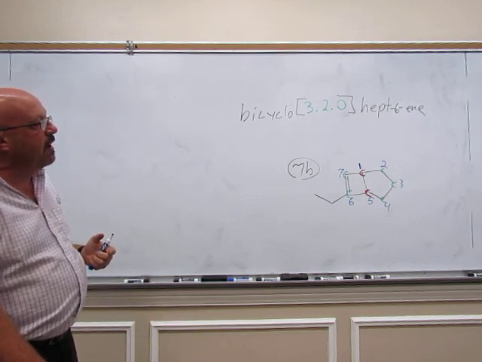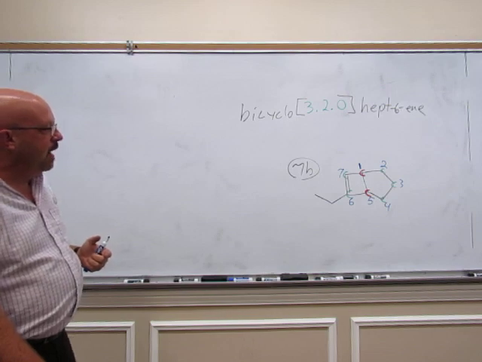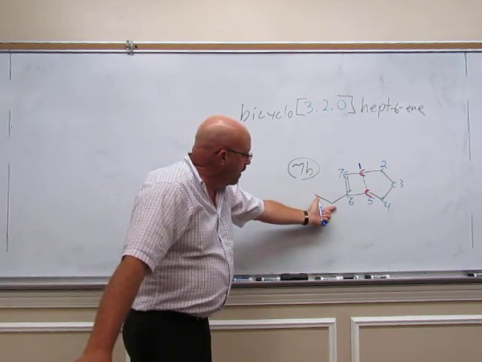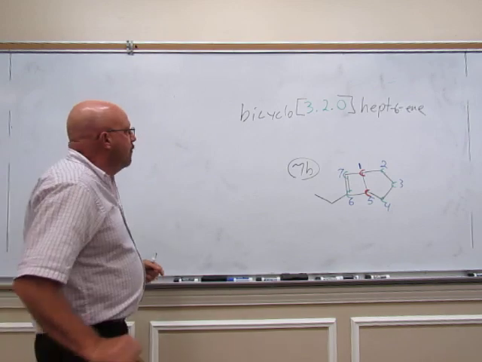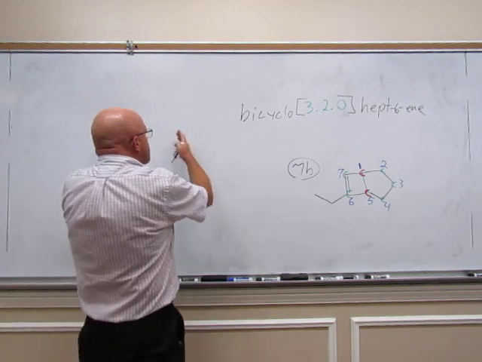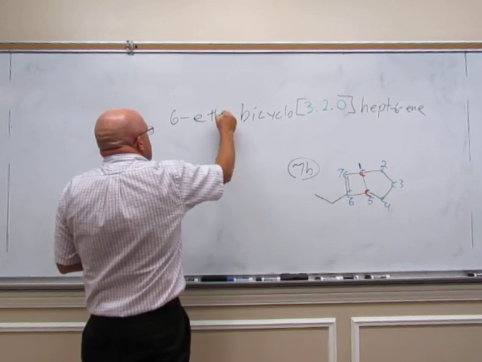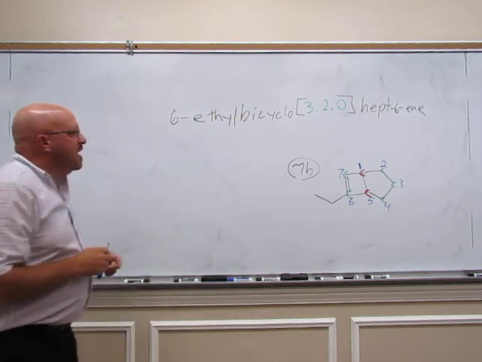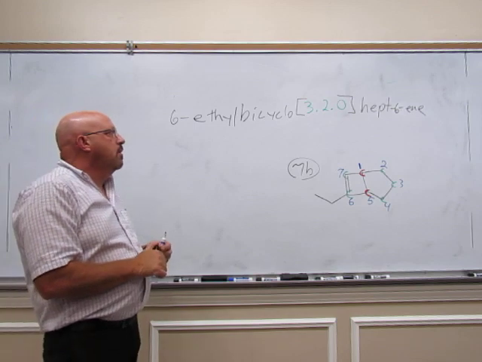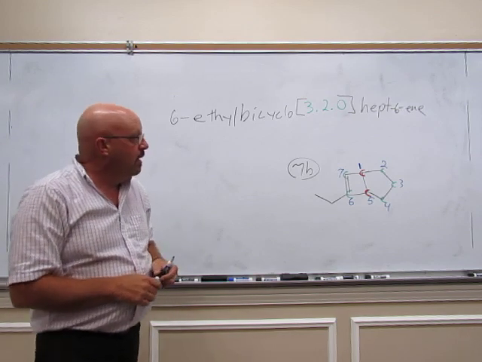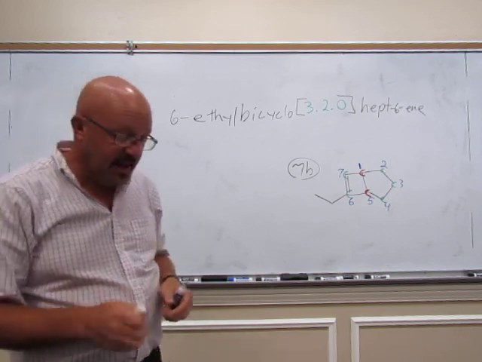I just think it looks better to have it right in front of the ene. Now we have the substituent to take care of. We have an ethyl group on carbon number 6. Substituents go out in the very front of everything. So this is a 6-ethyl bicyclo 320 hept-6-ene.